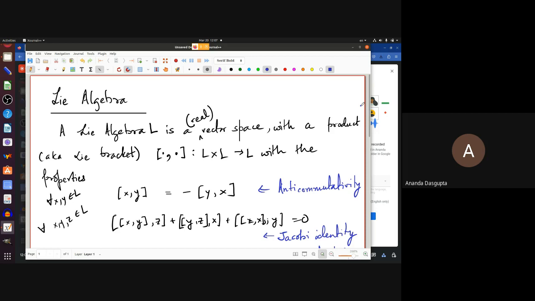And these tangent vectors have a product called the Lie bracket defined among them, which can be written down in terms of the structure constants and so on. But from today and over the next few classes, we will essentially treat the Lie algebra itself as an independent entity.